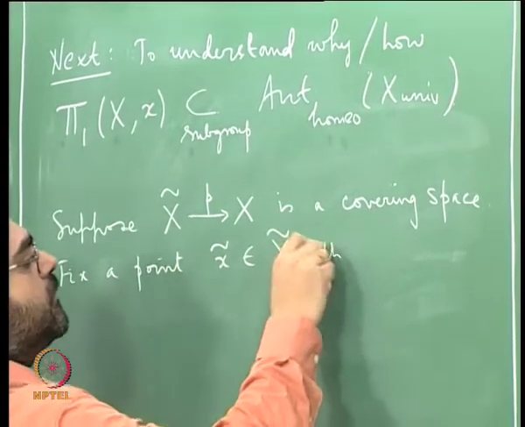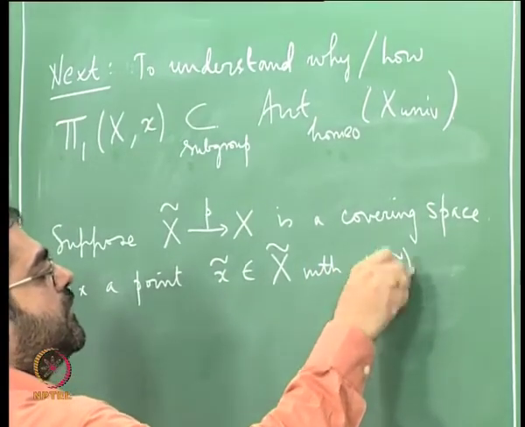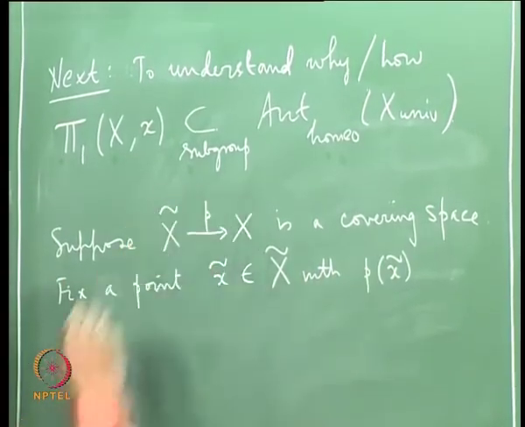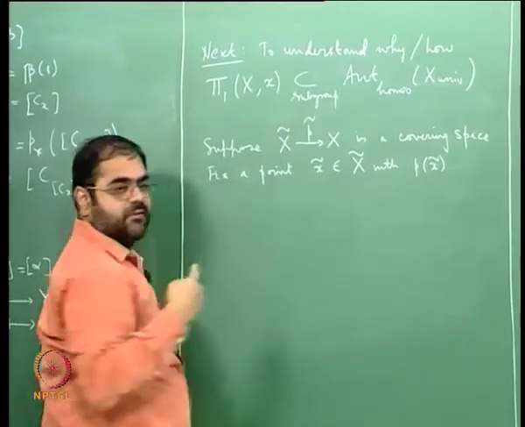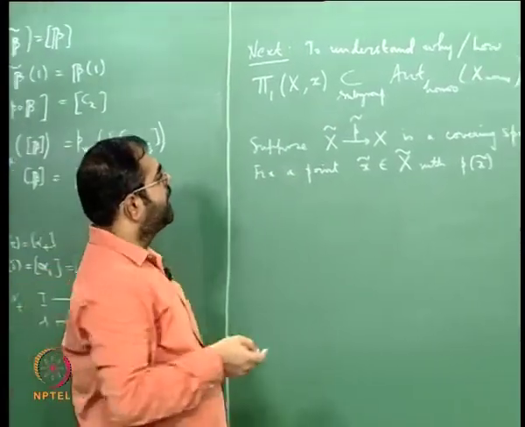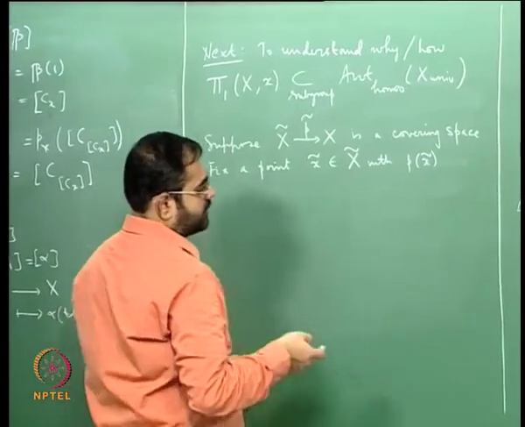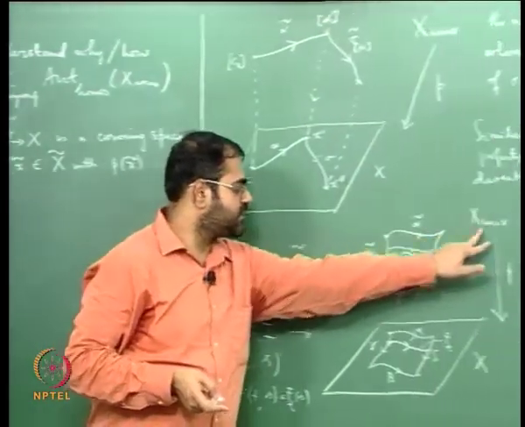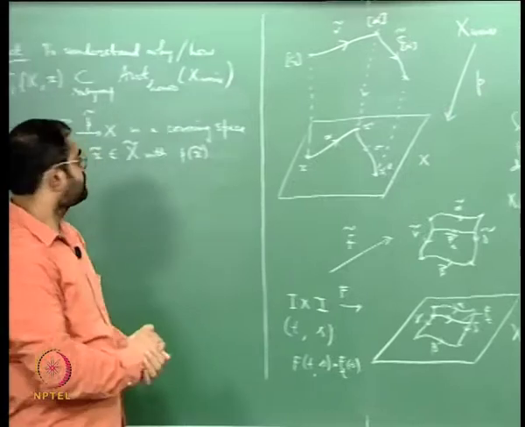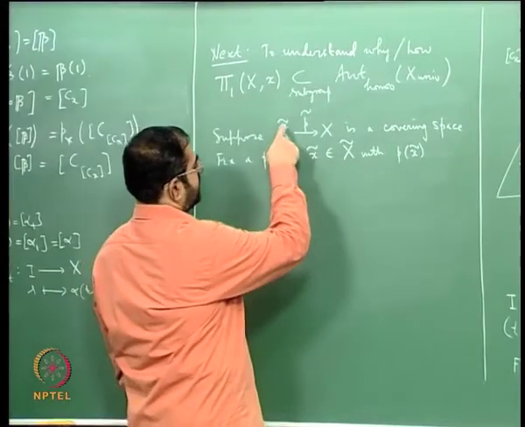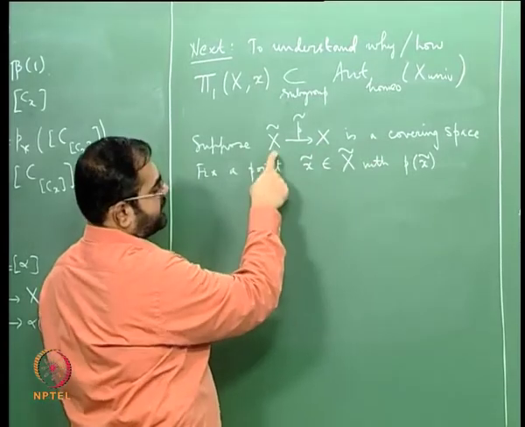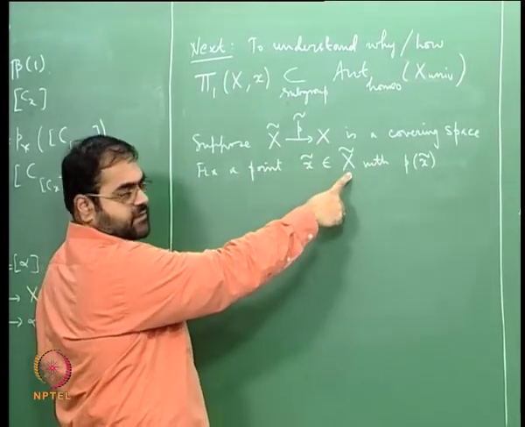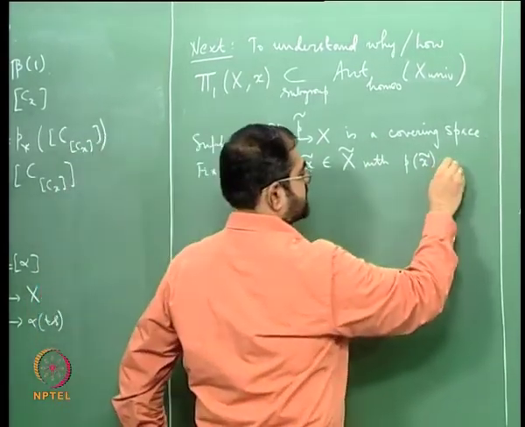Let me call this p tilde because I have used p already. Okay, p is supposed to be our covering map from the universal covering to x. So let p tilde from x tilde to x be a covering space, and you fix a point in small x tilde and capital X tilde, okay, which lies over x.